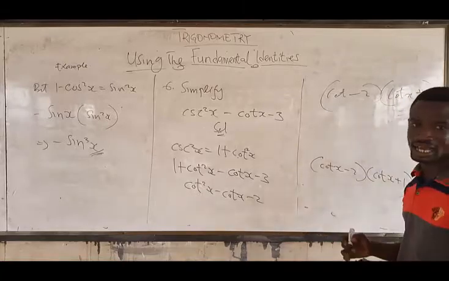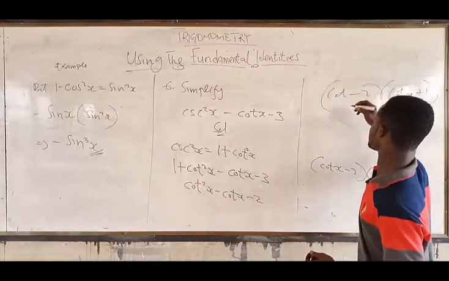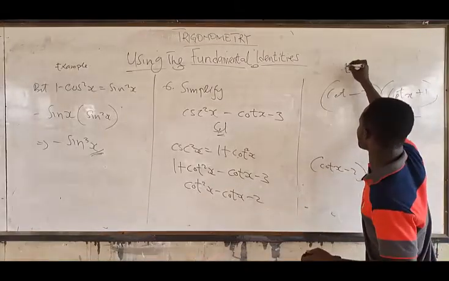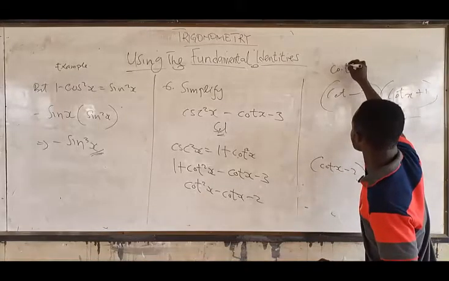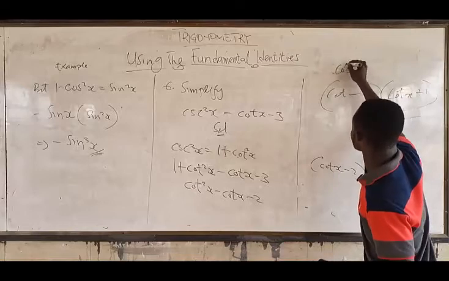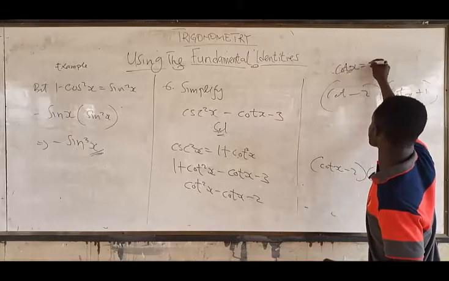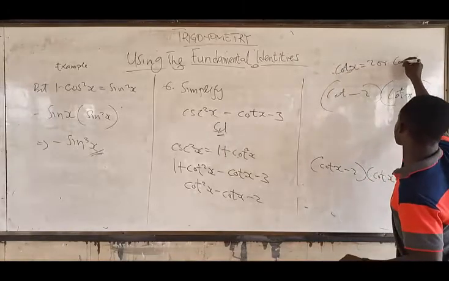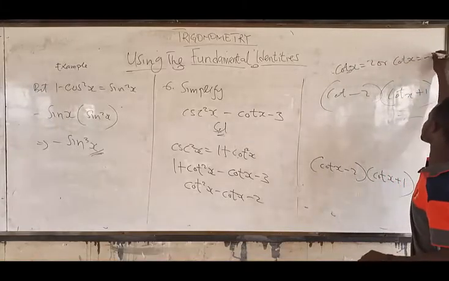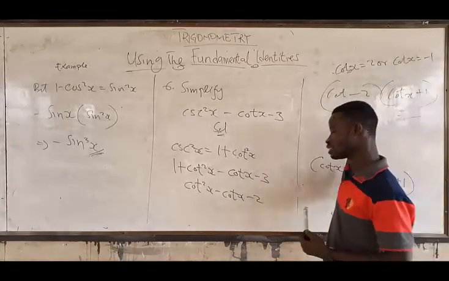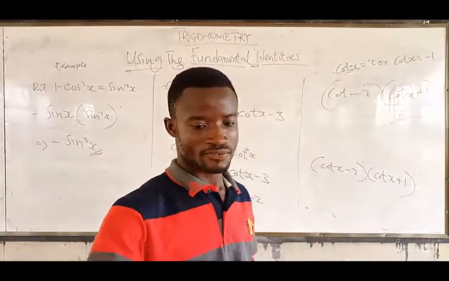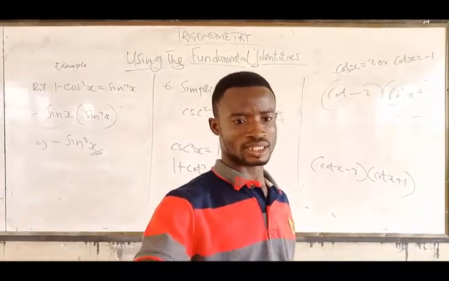The same thing that you're going to get. But the result you are going to get is cos x is equal to 2 or cos x is equal to negative 1. And when you do that, you're going to get the same thing. Very good. Is there any other?